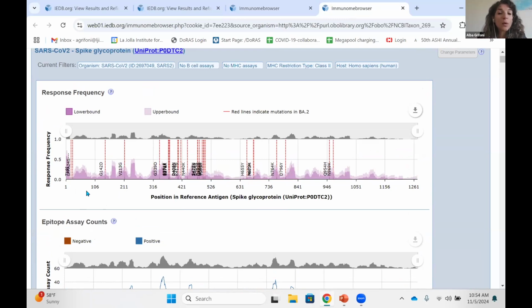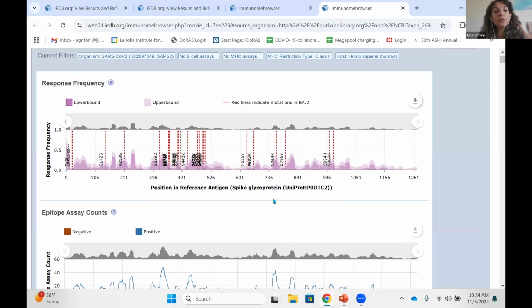And so now we can really map the mutations in the different immunodominant regions. You have the majority of the mutations in the RBD domain, and then you do have some specific mutations. As you can see already, some of the mutations may hit hotspots of recognition, but there are a lot of spots that are very well recognized by the immune system that are absolutely untouched by SARS-CoV-2 mutations. And so this is for the BA.2 variant.